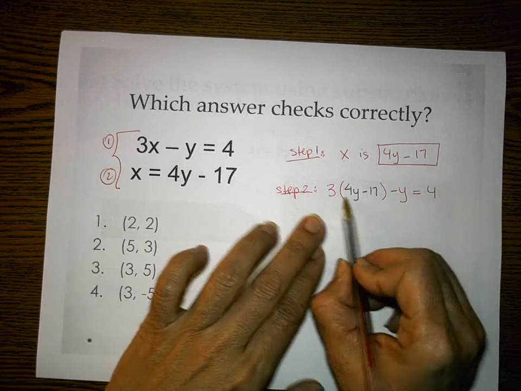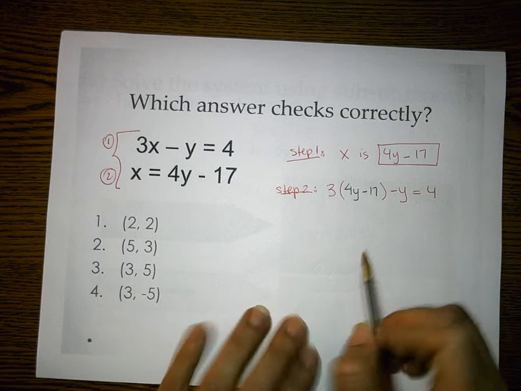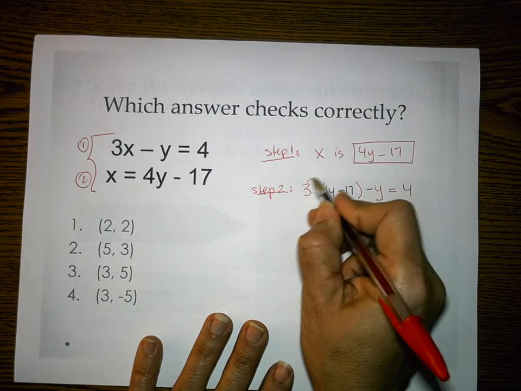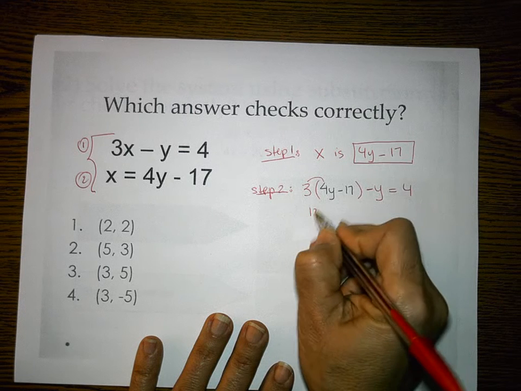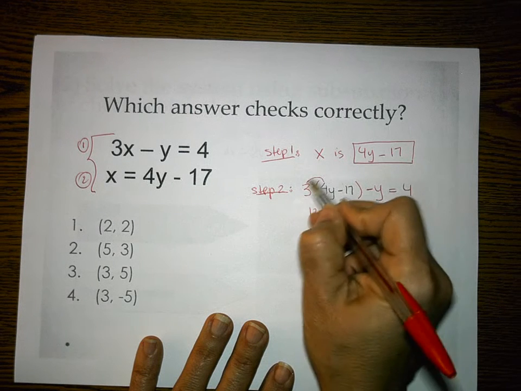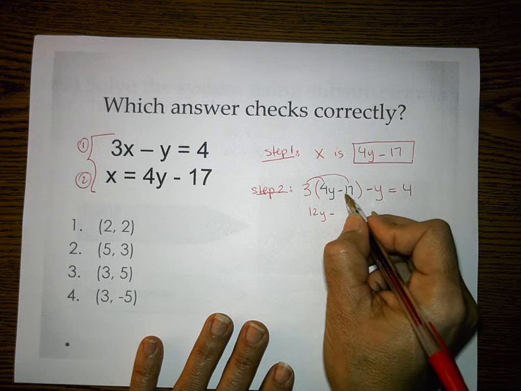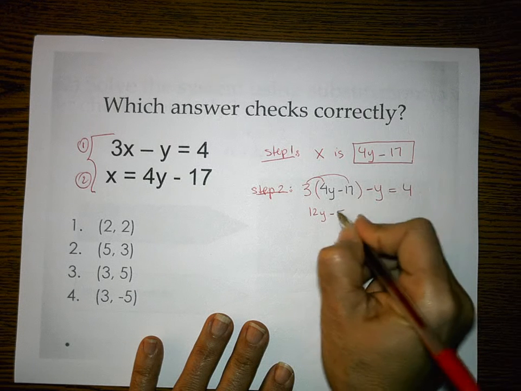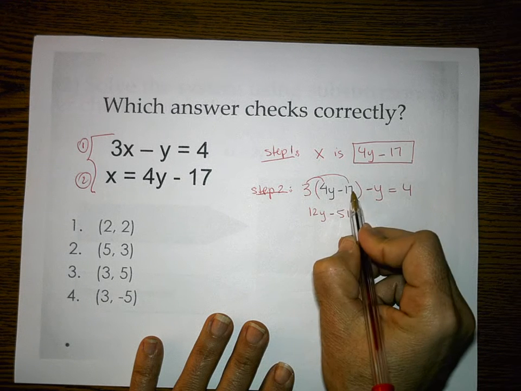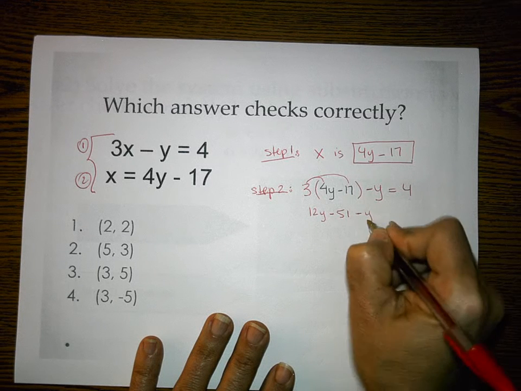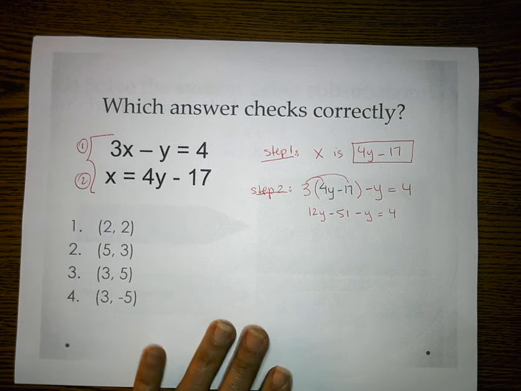Now it's an equation with just one variable, and we know how to solve that. Let's distribute here. 3 times 4 is 12y. 3 times negative 17 should be negative 51. 3 times 7 is 21, and 30, that's 51. Minus y equals 4, okay?